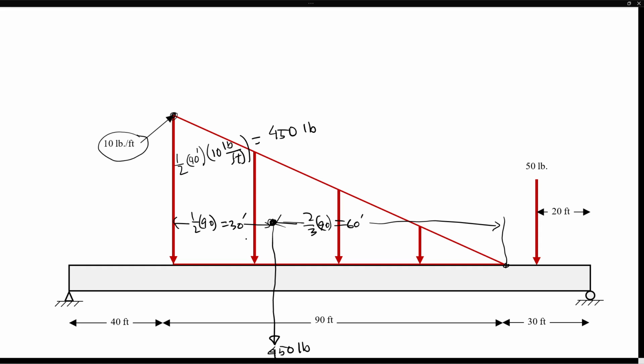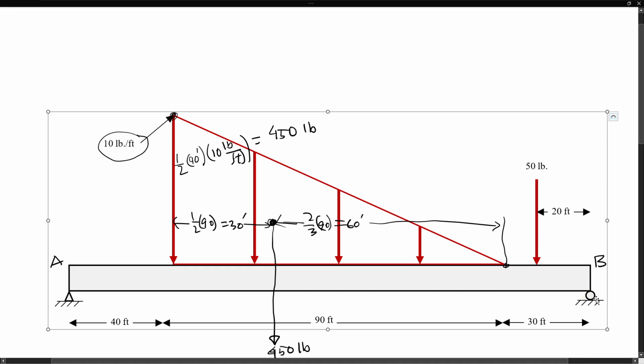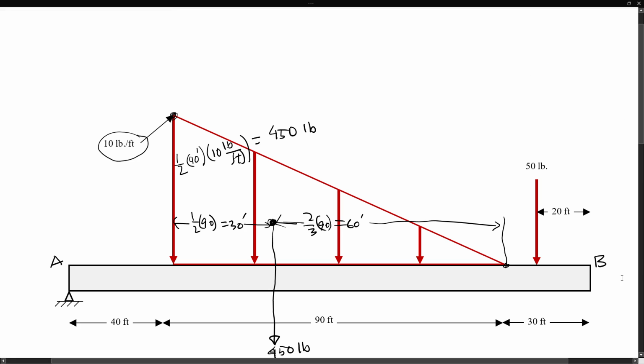Next thing we have to do is draw the free body diagram so that we can get the appropriate reactions at points A and B. Assume this is my point A, this is my point B. I'm going to remove the support at point B, which is a rolling contact, and replace it with simply a vertical reaction at point B, the reaction at B in the Y direction.